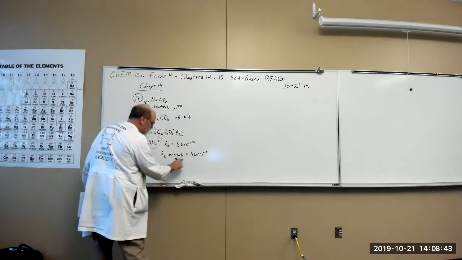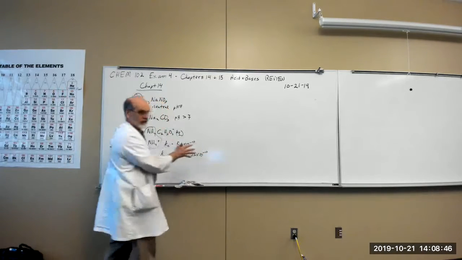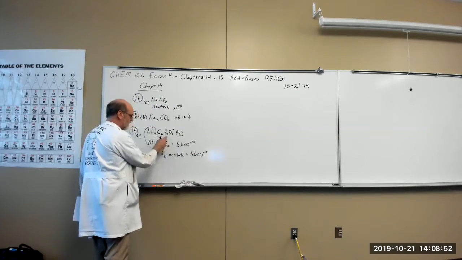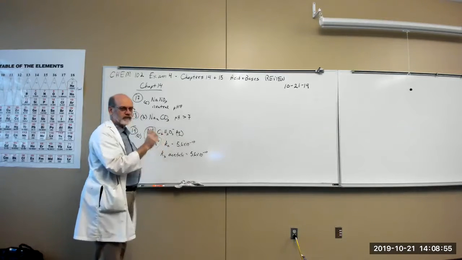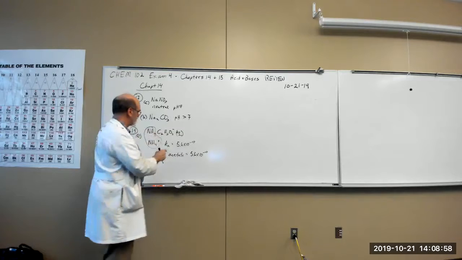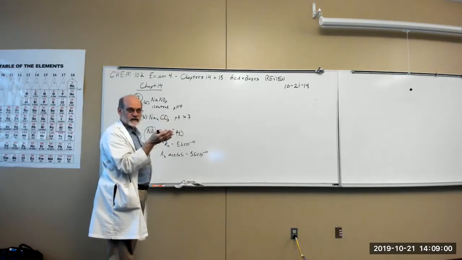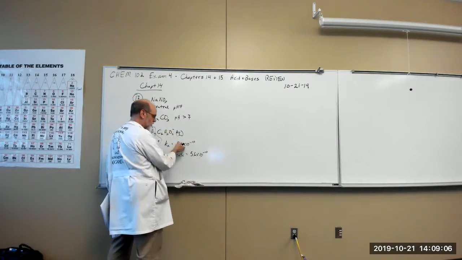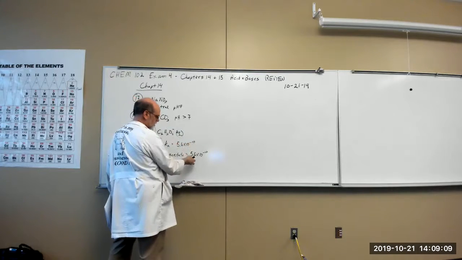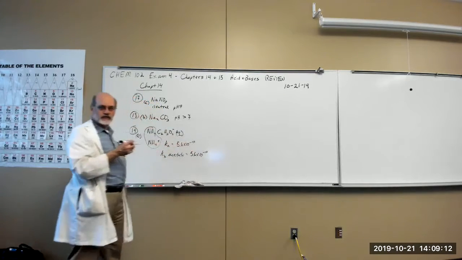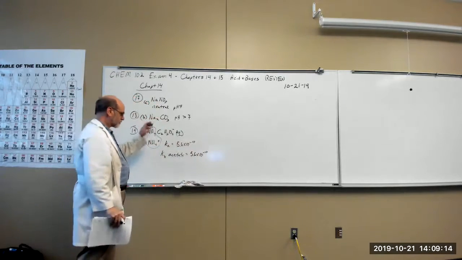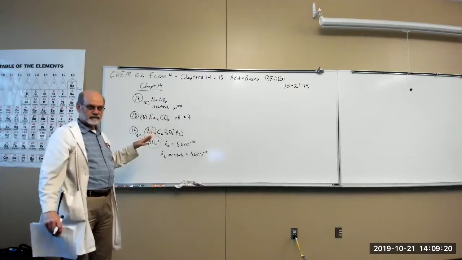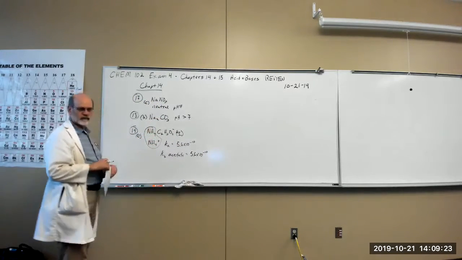If this one were a larger number, say 10 to the minus 7 instead of 10 to the minus 10, that would mean that this reaction would win and produce more hydroxyls than this one would produce hydrogen ions. So that would make it basic. But if this one were larger, say 10 to the minus 3 versus 10 to the minus 10, it would be an acidic solution. That's that case where you couldn't use a rule of thumb. You have to know what their relative strengths are. That make sense?